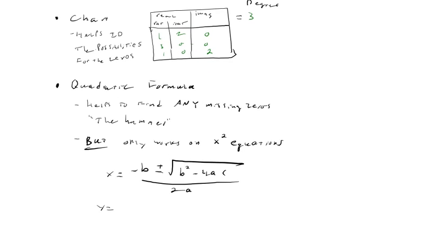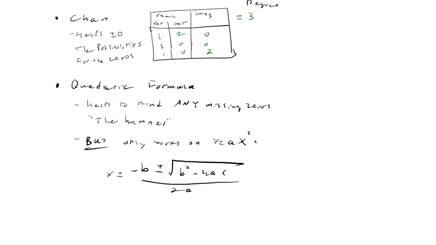It only works on equations that are like y equals ax squared plus bx plus c. A is the number that's in front of x squared. B is the number that's in front of x. And C is the number that's by itself.